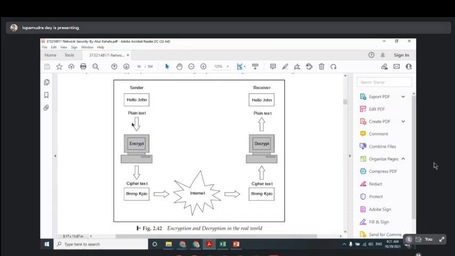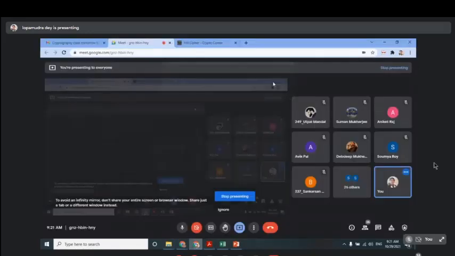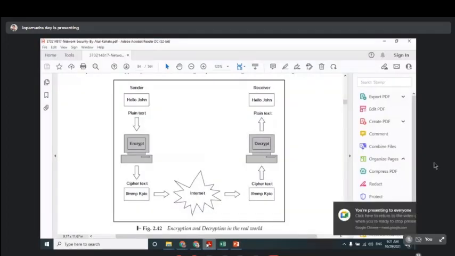Then can you tell me which layer performs this encryption operation in the OSI model? Do you know which particular layer performs the encryption and decryption operations, that is, the cryptography?